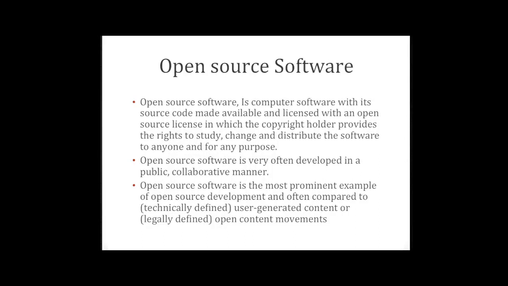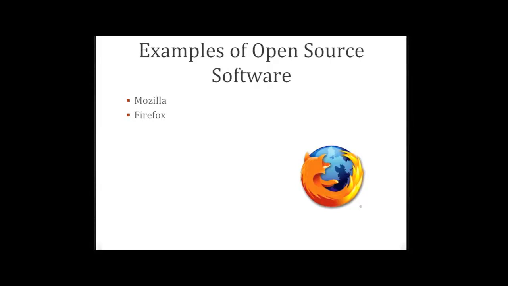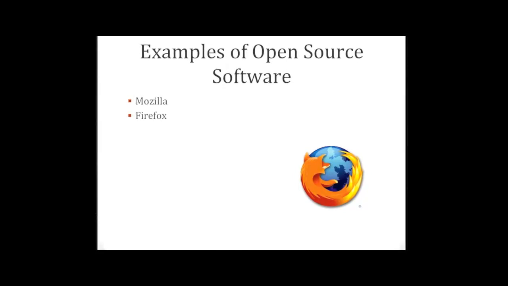That's the main concept. Some examples of open source software would be Mozilla and Firefox. Mozilla is the actual web browser itself, whereas Firefox is the web search engine. Everyone knows Firefox for having plugins.